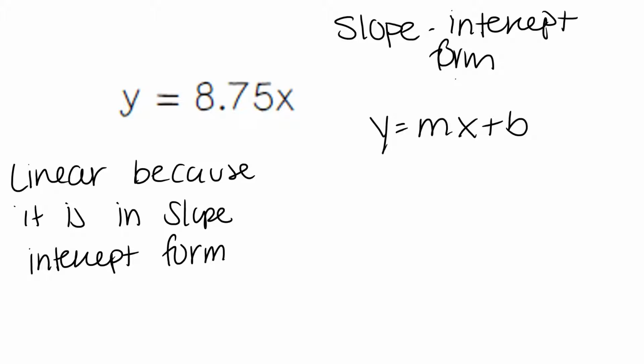The y equals is in the beginning. 8.75x is the mx. The plus b at the end would be a plus 0. Zeros are not important, that's why it's not written there. But each part of the equation is in the correct order, in the correct form.